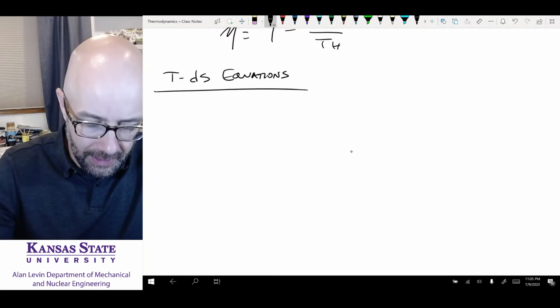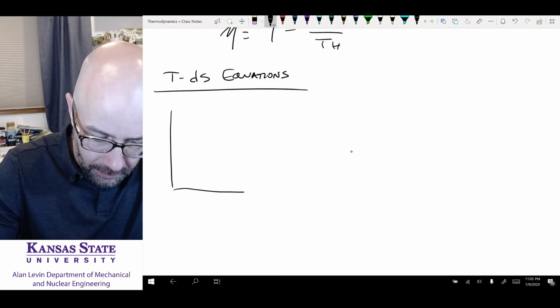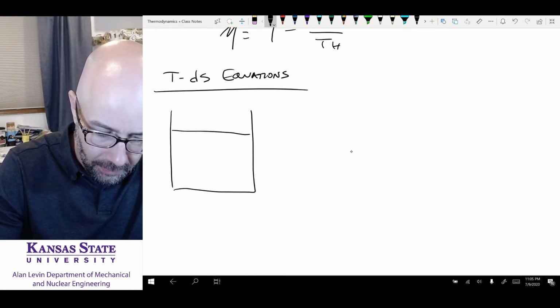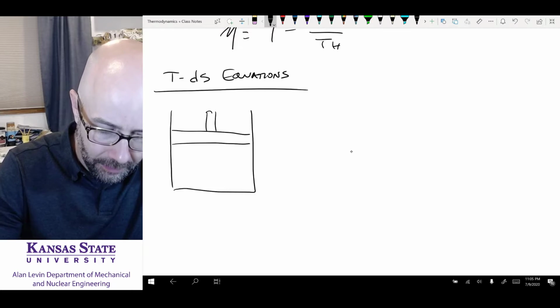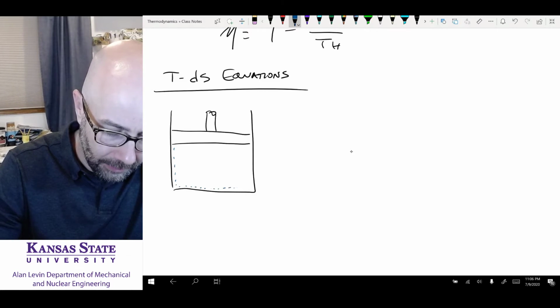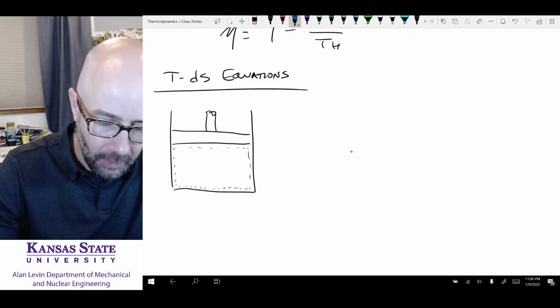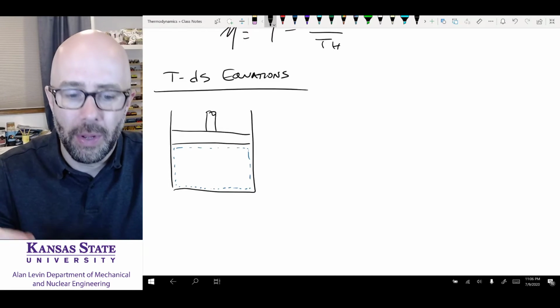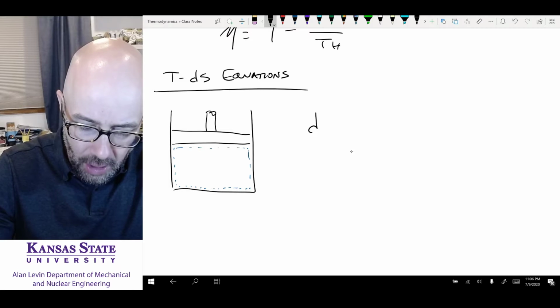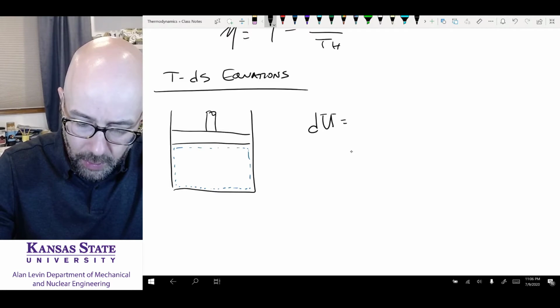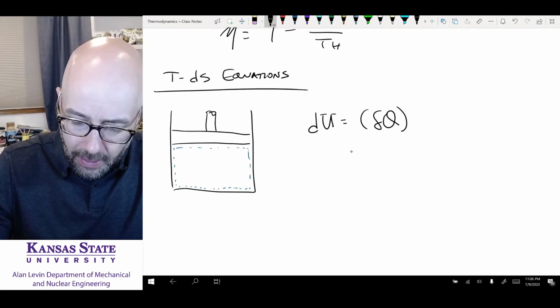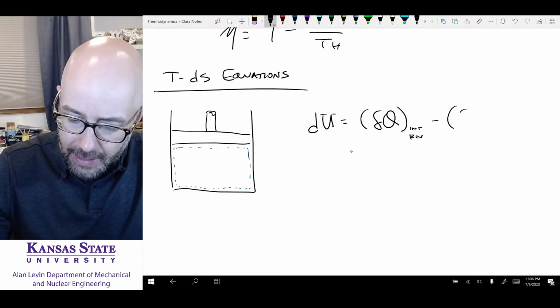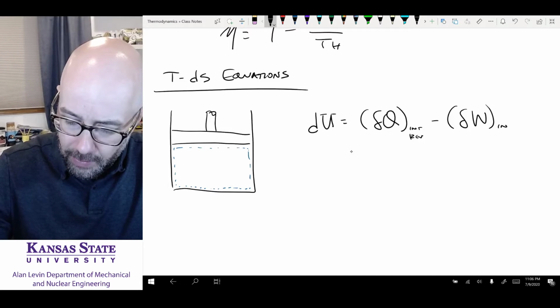So let's look at this. Let's look at a closed system. Okay, here's my closed system, and here is my boundary. And I'm going to say, what laws go with this? I can say that dU is equal to dQ, internally reversible, minus dW, internally reversible.